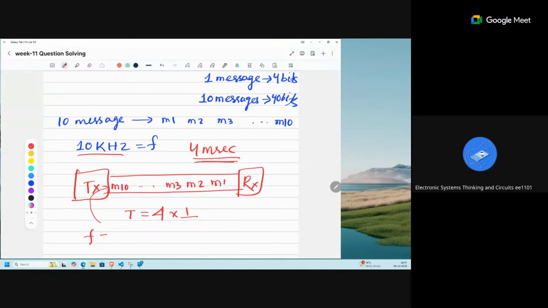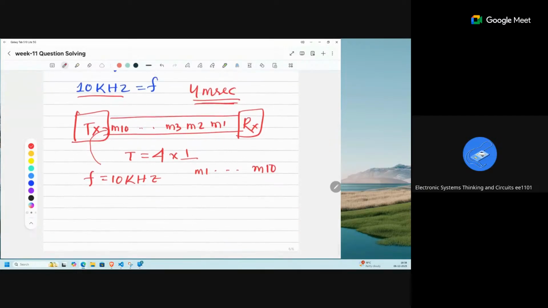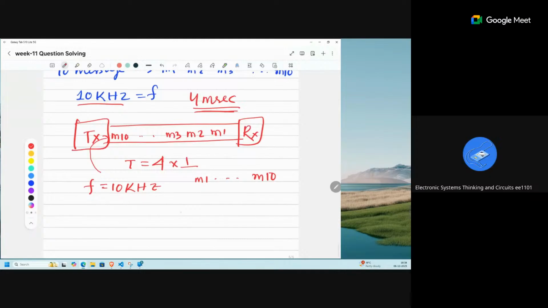You have frequency 10 kilohertz, right? And you have 10 messages M1 to M10, right? What is the process? Tell me so that I will write here, so others can also follow. Madam, first we will find the time period.